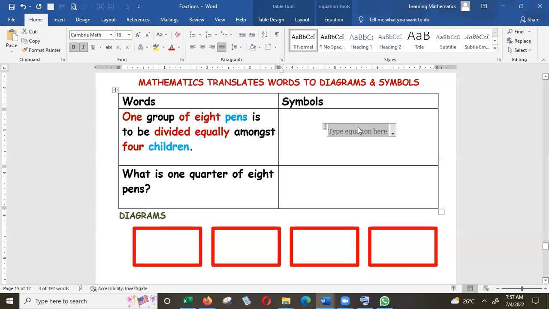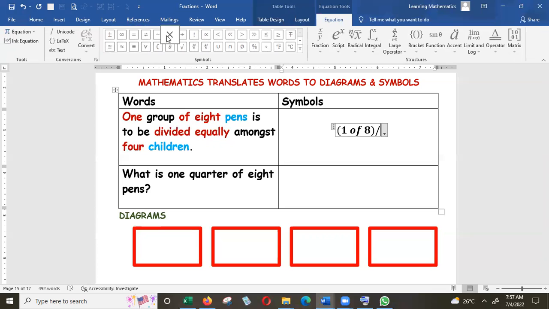So one group of 8, and a group, we put in a bracket. One group of 8 is to be divided. Here's a symbolic translation of divide. That's one of them, and there's another symbol for divide.